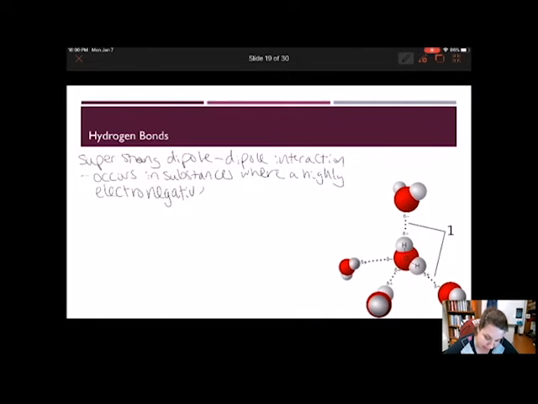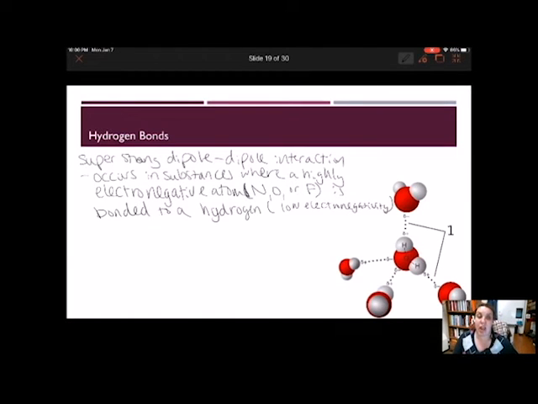So our highly electronegative atoms are nitrogen, oxygen, or fluorine. Hydrogen that's attached to a nitrogen, oxygen, or fluorine produces a very, very polar bond.